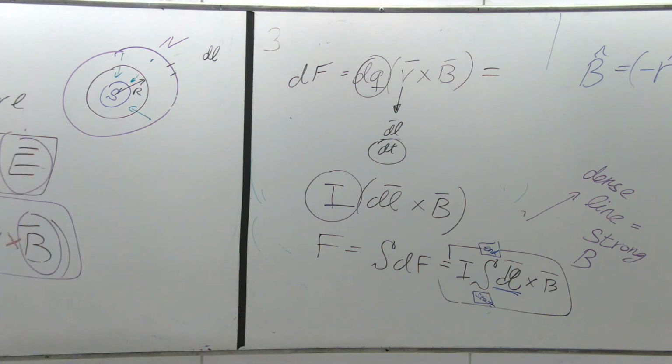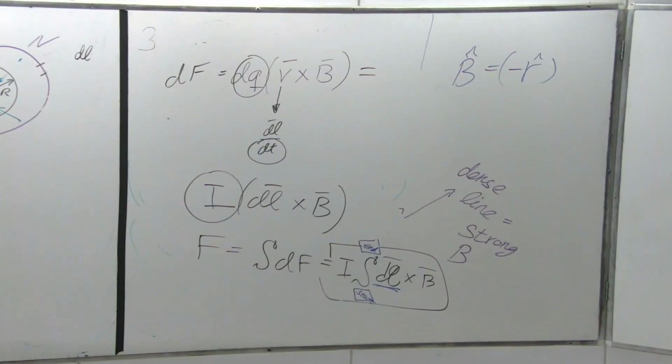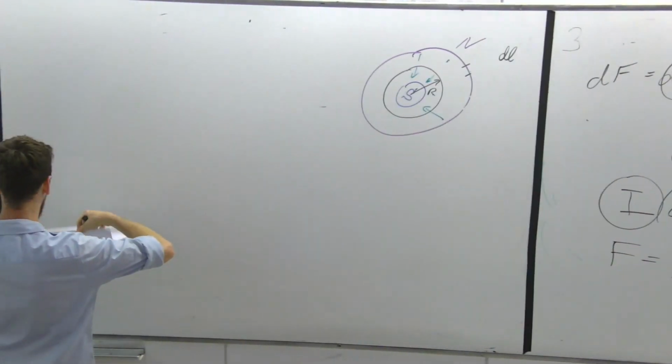That's going to be section C. So section C is going to be: what is the force, not on a crooked wire, but on a simple wire hoop. Okay, so let me write it down.